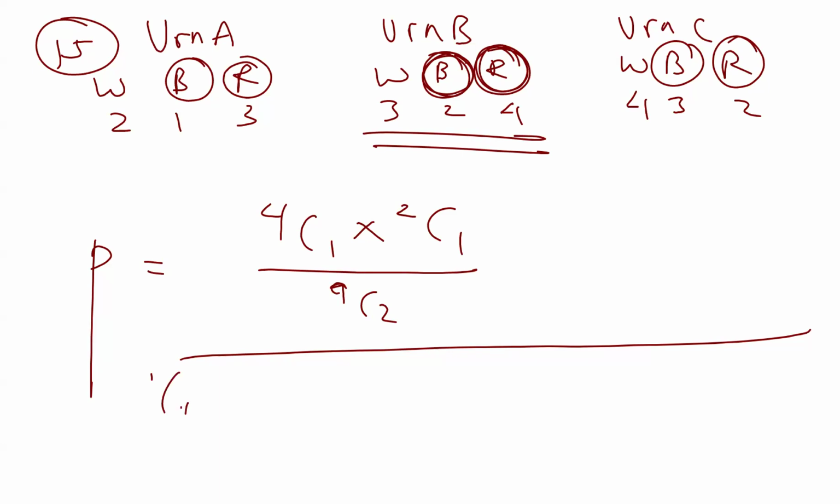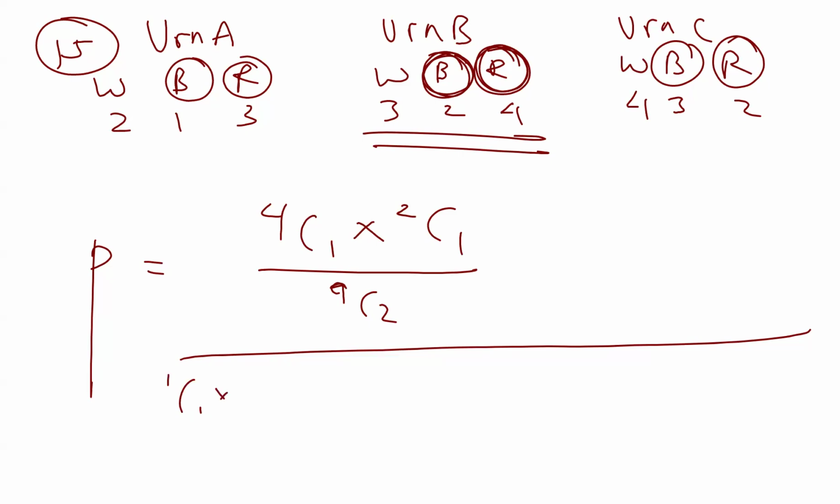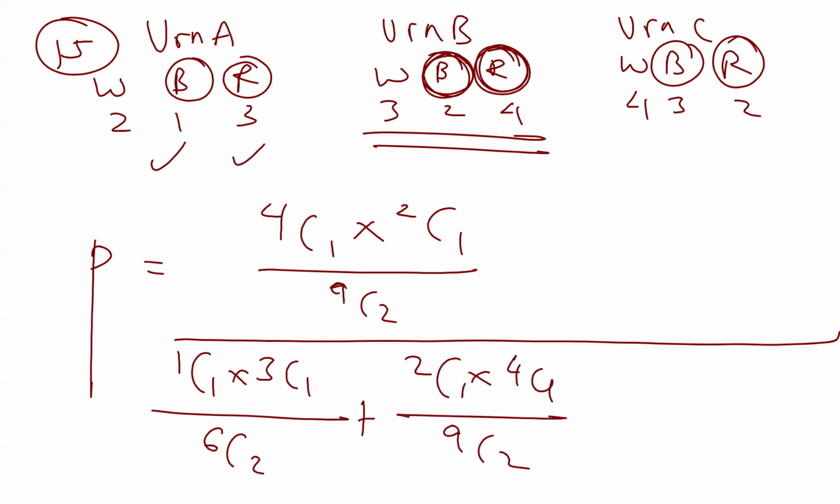So urn A is 1C1 into 3C1, one black, one red, one out of one and one out of three, upon the total 6C2, two balls from urn A. Then these two we already know, 2C1 into 4C1 upon 9C2 from B, and then 3C1 into 2C1 upon 9C2.